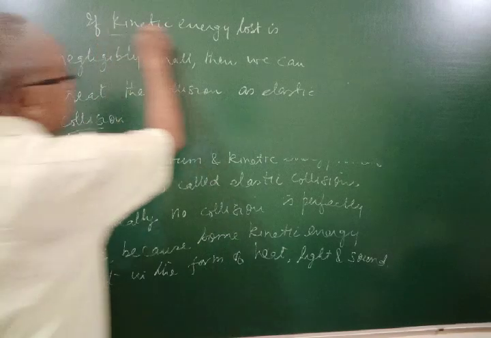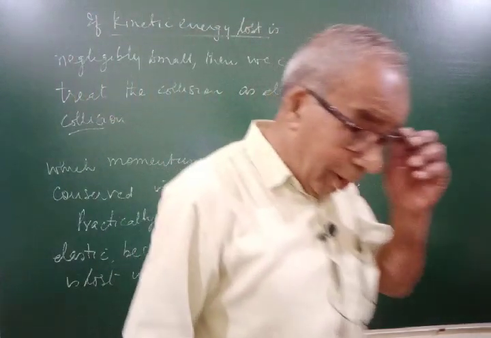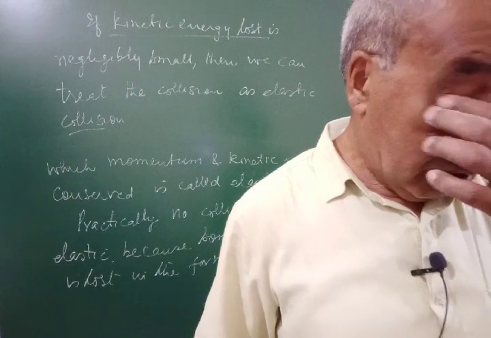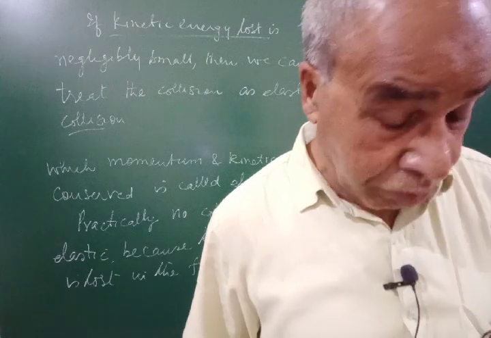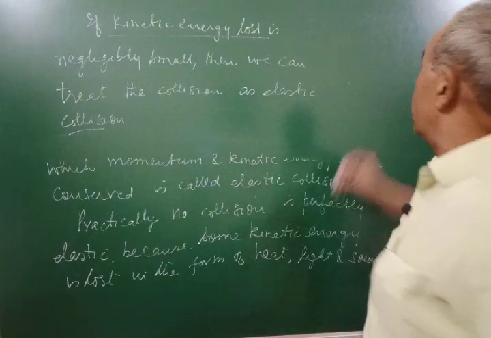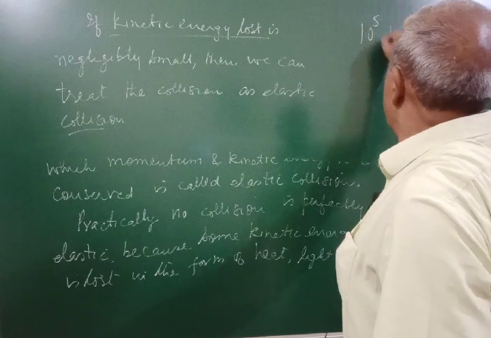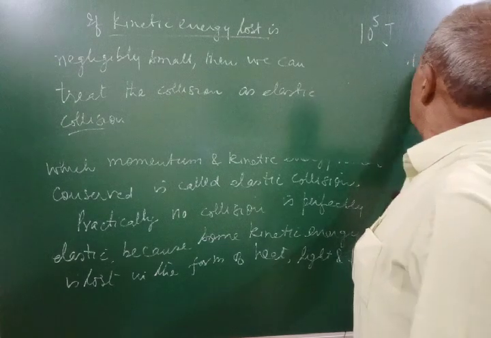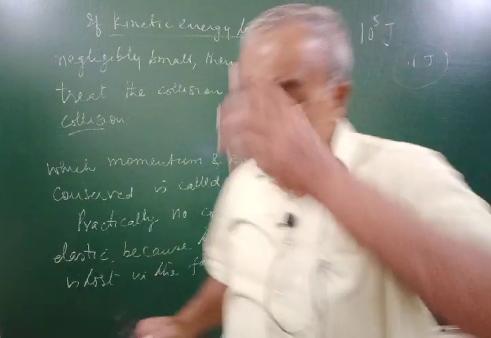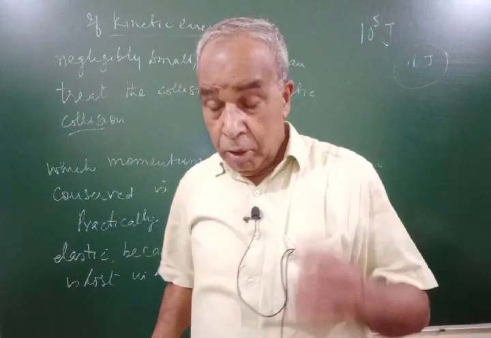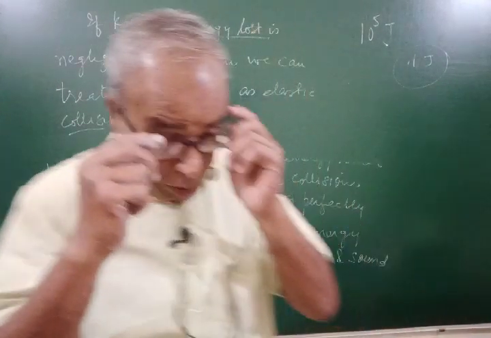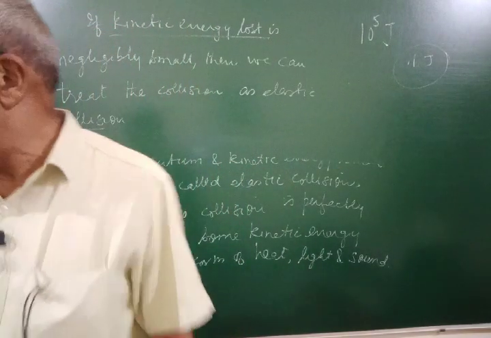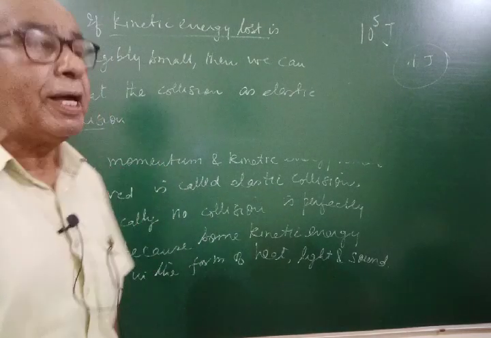Look, it is very difficult for children to understand when it is said to be negligible, and I keep on telling again and again what is negligible. If total kinetic energy is 10 to the power 5 joule and loss is only 0.01 or 0.1 joule, then this is negligible. You can't have 10 to the power 5 plus 0.1. So that way it is called negligibly small. So the collision in which kinetic energy lost is negligibly small can be taken as elastic collision.